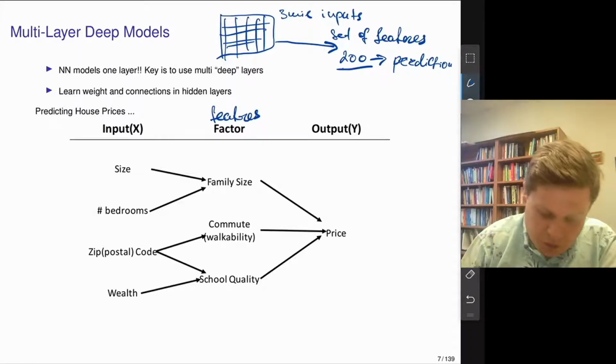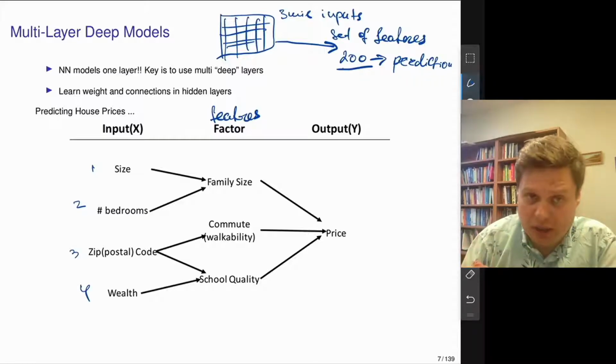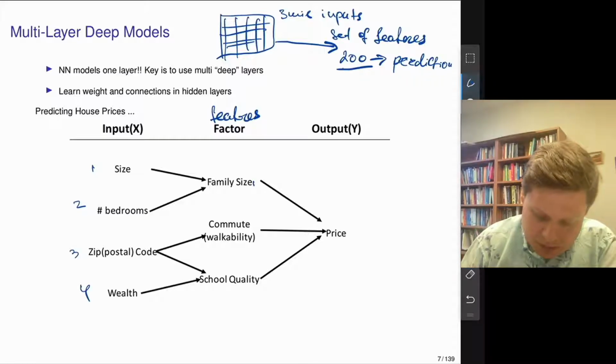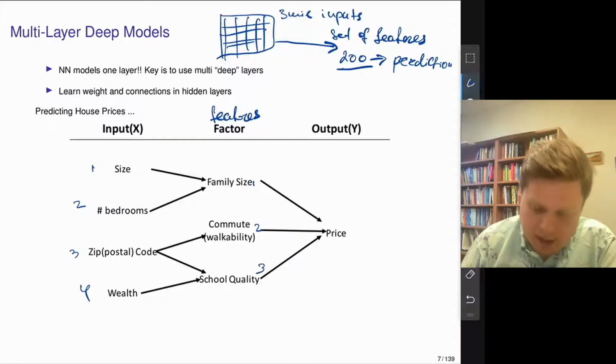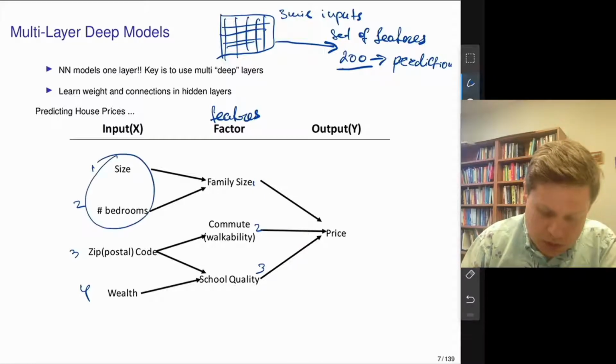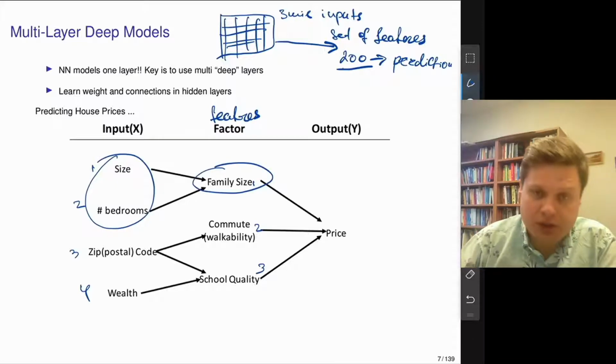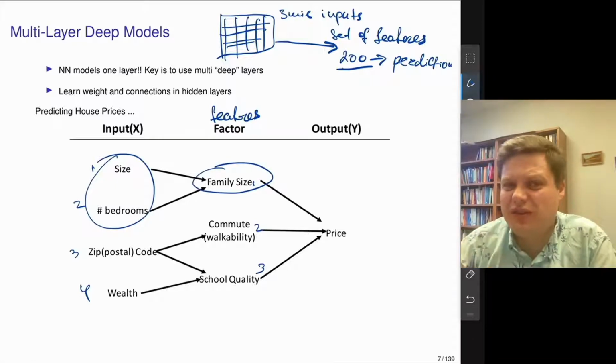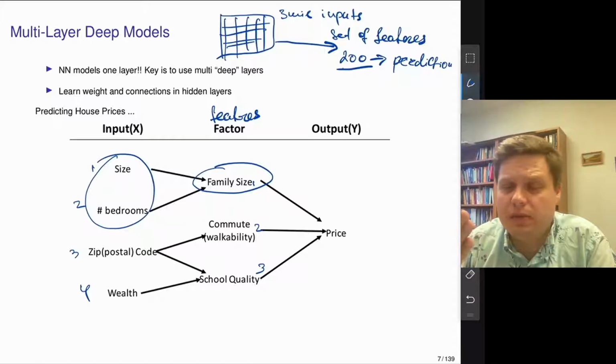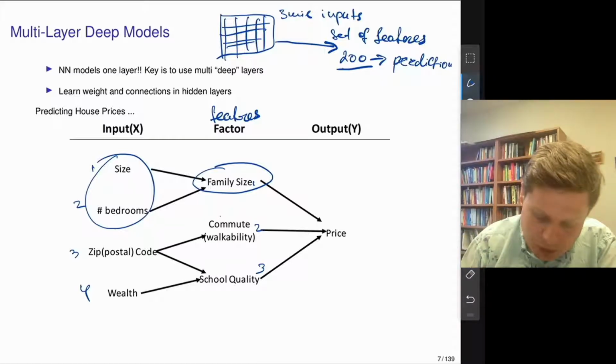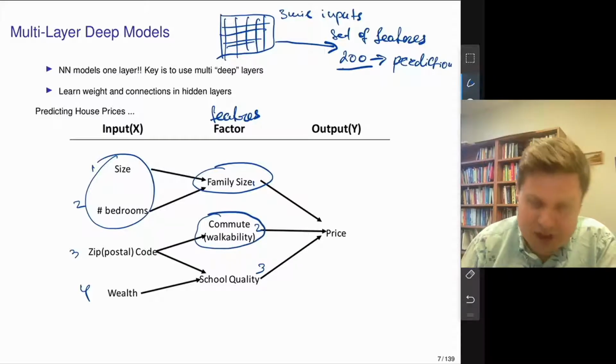Essentially, we're going to go from a 4-dimensional input to a 3-dimensional input. In the 3-dimensional input, we're going to combine those two into one feature, which is family size. Essentially, if you know the family size, you'll have a good idea about the number of bedrooms and the size of the house. And we're going to also have this feature which is called commute or walkability.